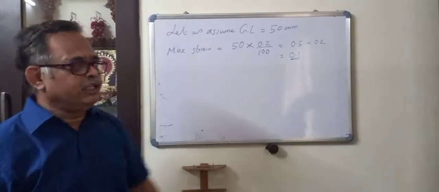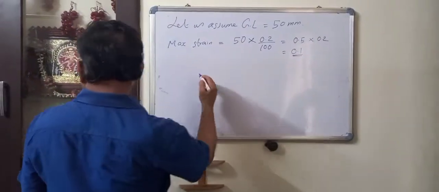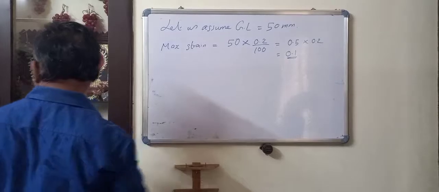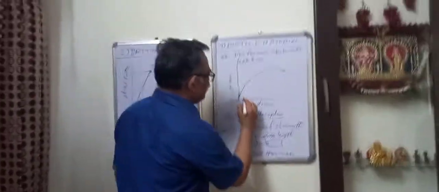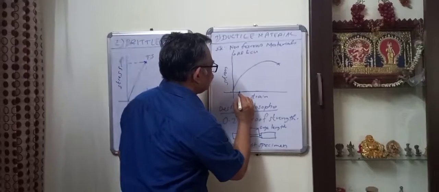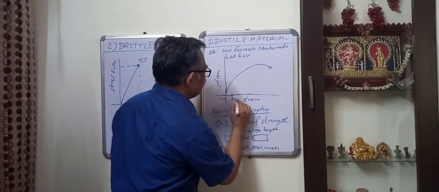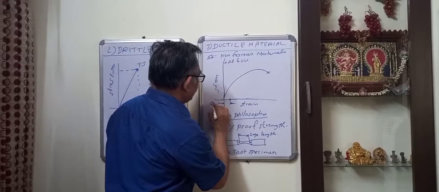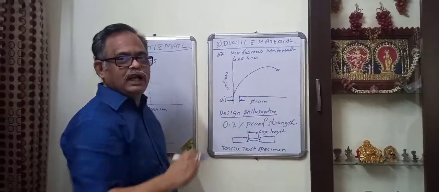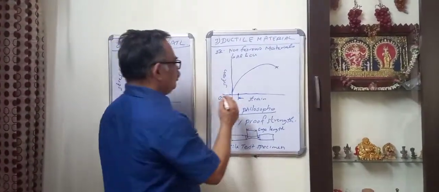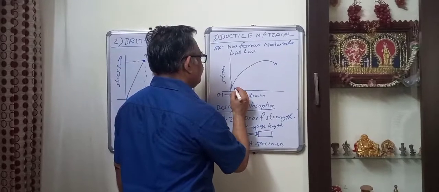So in the other diagram, please come here. In this diagram, we will take a strain of 0.1 mm corresponding to the 50 mm gauge length, what I calculated on the other board. We will mark it on this.